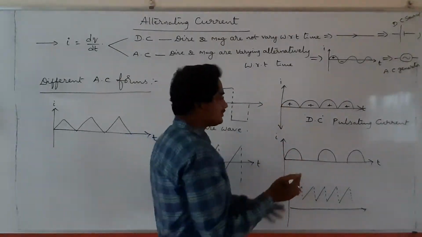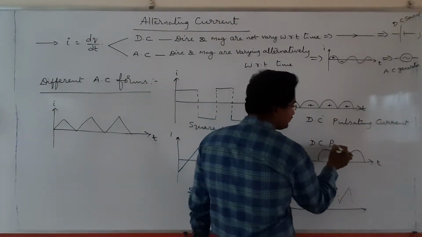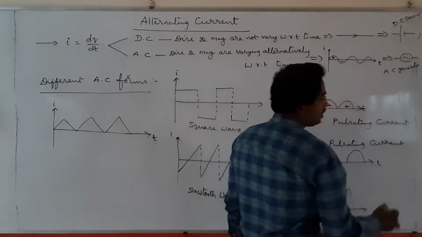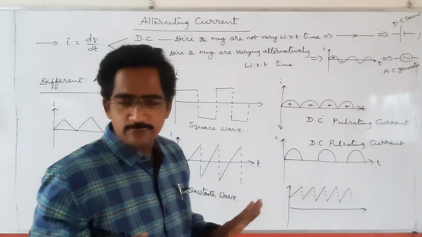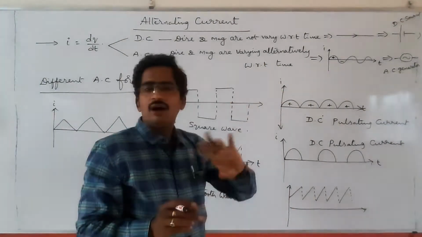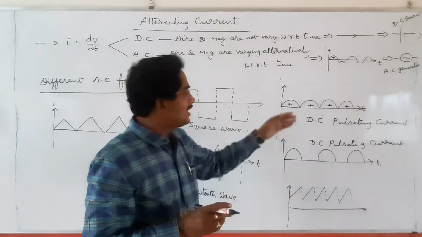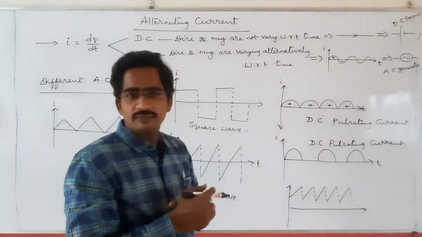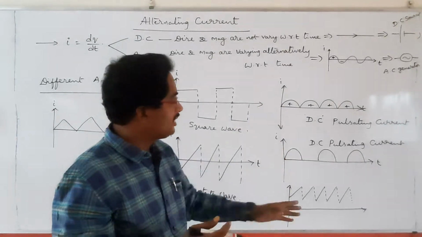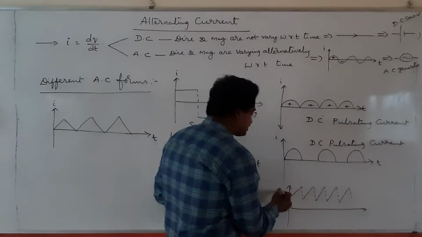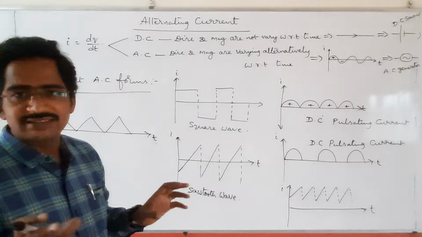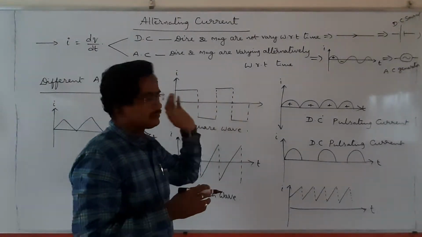For that reason both are DC pulsating current, neither AC nor DC purely. But it has a little bit of property like AC here. For these currents we are able to determine some measurements like AC, so I have mentioned them in the explanation. So this is the list of different waveforms of AC. Do remember it well.